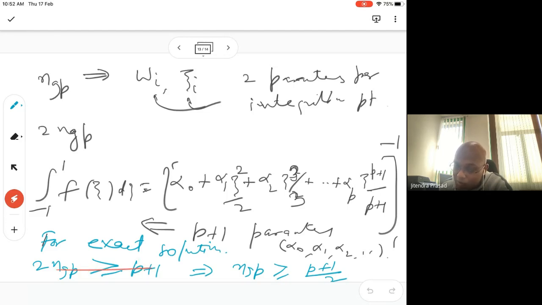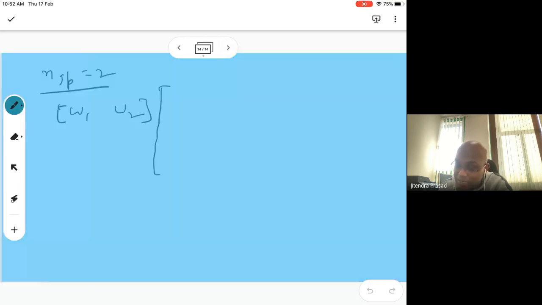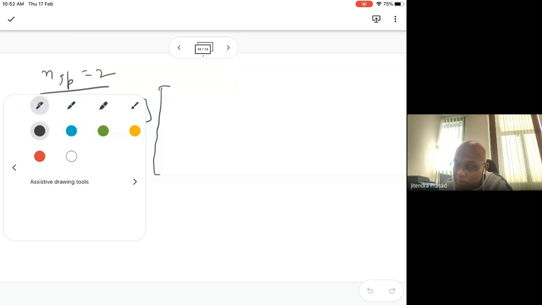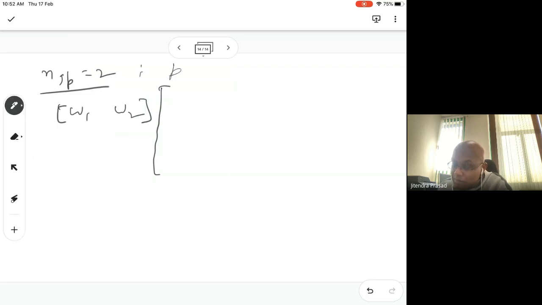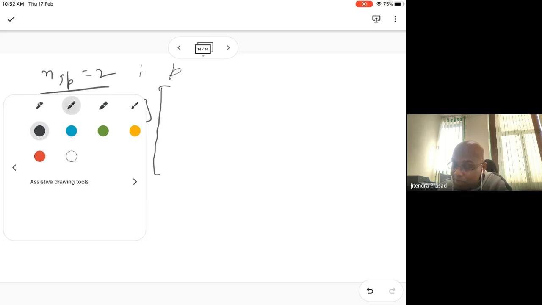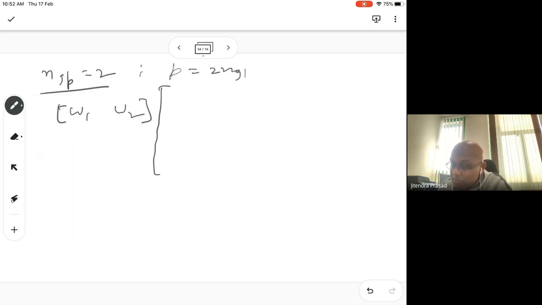So in order to find out p exactly, it will be p equal to 2 NGP minus 1. So for exact integration, P will be 2 NGP minus 1, so 2 times 2, 4, minus 1, 3. So a cubic polynomial can be exactly integrated by 2 points.